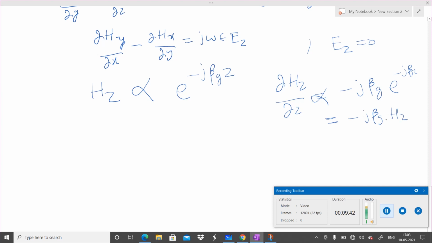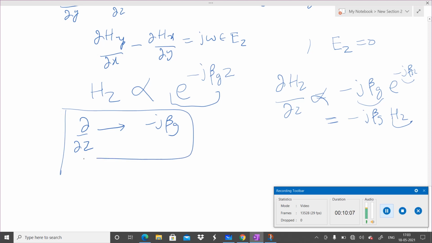So any differentiation with respect to z can be replaced by minus j beta g, because you are differentiating the exponential term. When you differentiate a complex exponential term, the only thing that happens is that j beta g comes down and the rest remains the same, Hz. So wherever we have del over del z, we will replace that with minus j beta g.